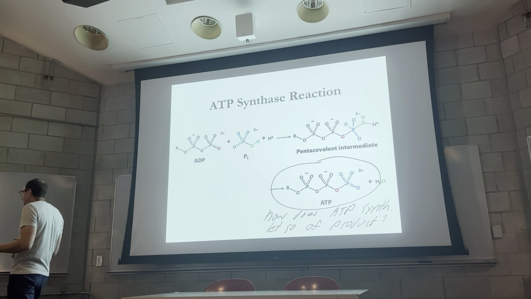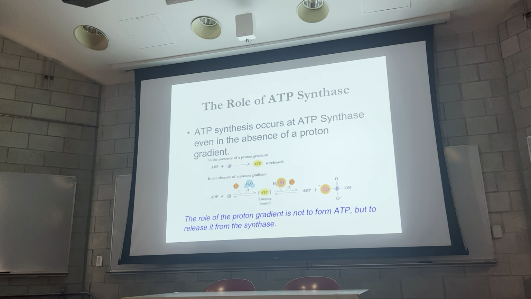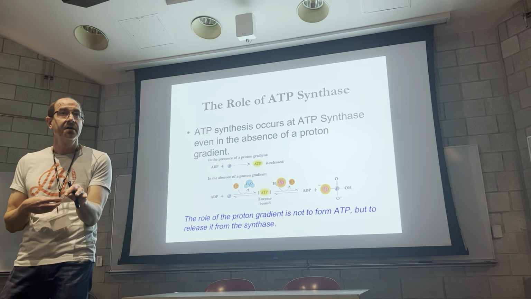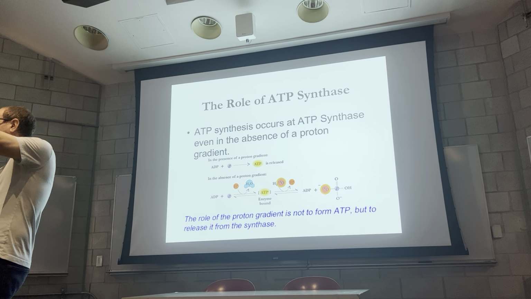So then that led to a serious conundrum. When they did this experiment and they realized the free energy is not needed to stabilize the transition state, that's what led to the correct hypothesis that instead you have to pry the jaws open.